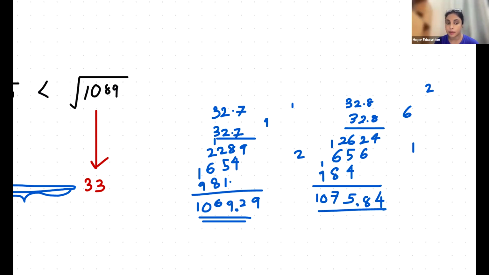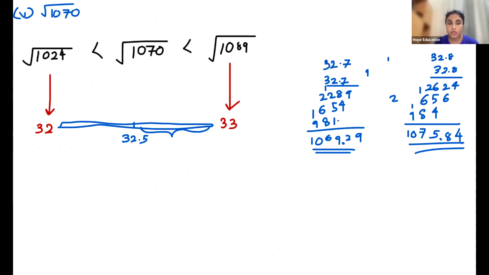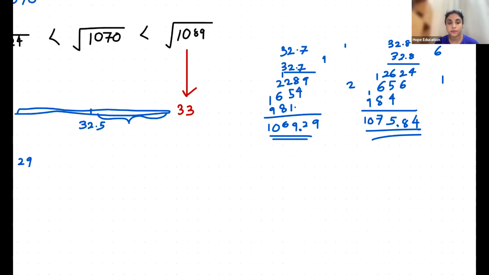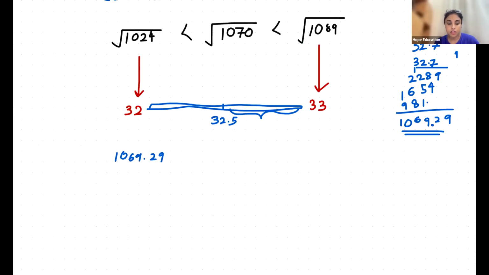So the two closest to 1070 are this one, 1069.29, and then here 1075.84. The square root of this one we got as 32.7, and the square root of this one we got as 32.8.